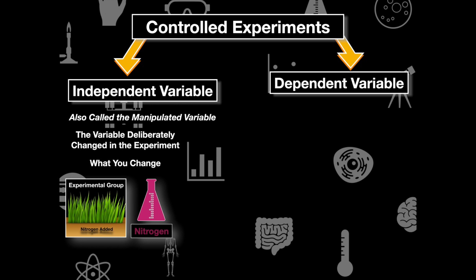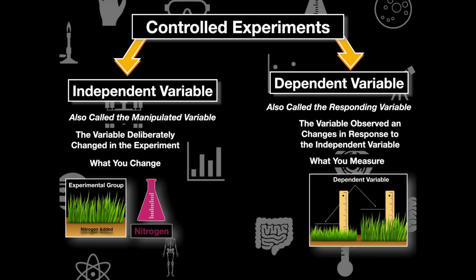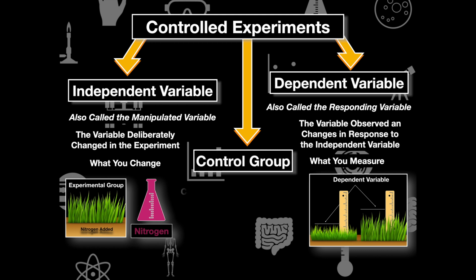The other one is the dependent variable, which is also called the responding variable. This is the variable observed that changes in response to the independent variable. It's basically what we're going to measure. So that was the control group, which we're going to talk about in a second, that we use to compare the heights of the grasses. Now, lastly here, this is what we call the control group, which I just mentioned.